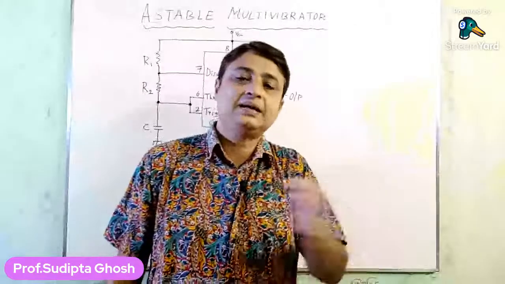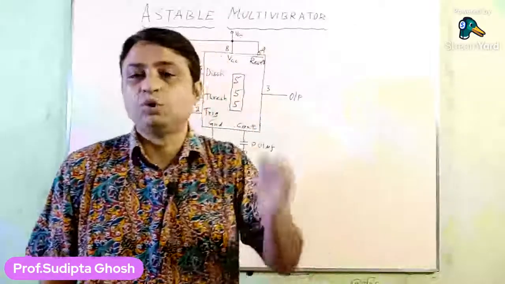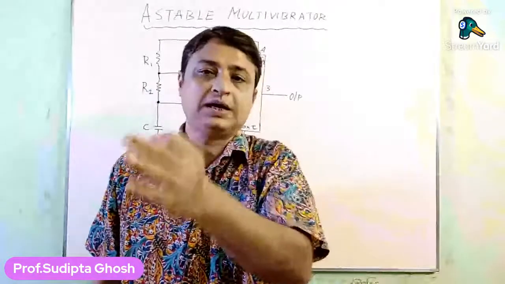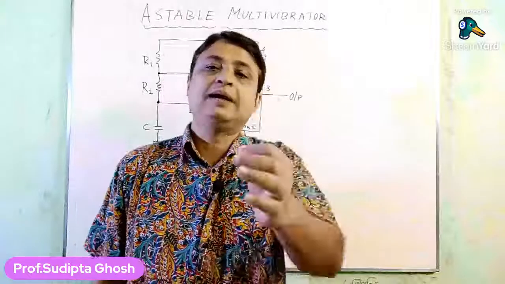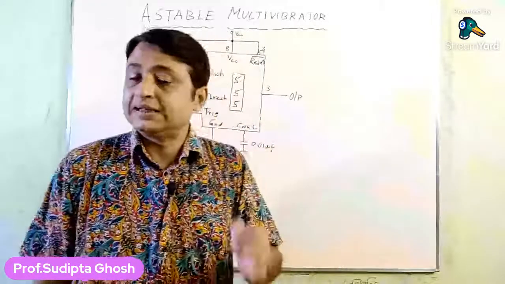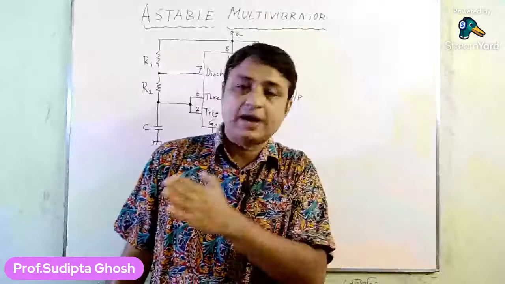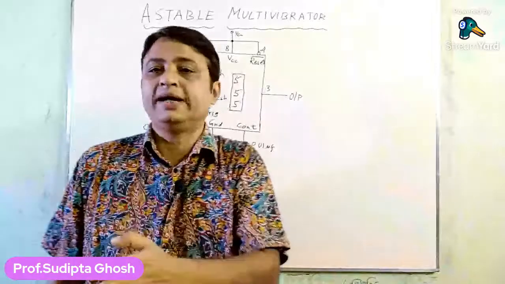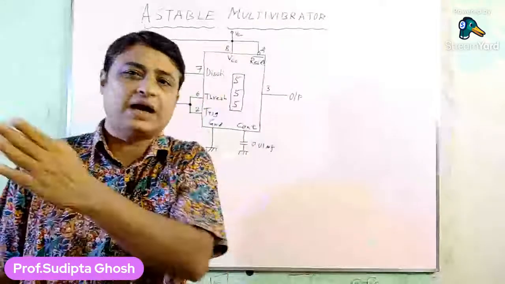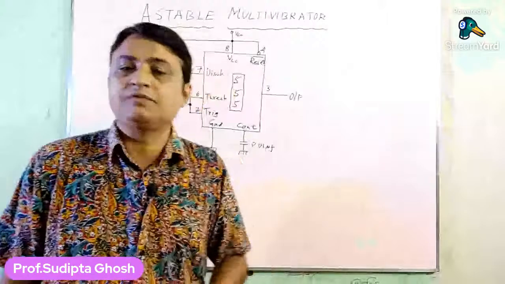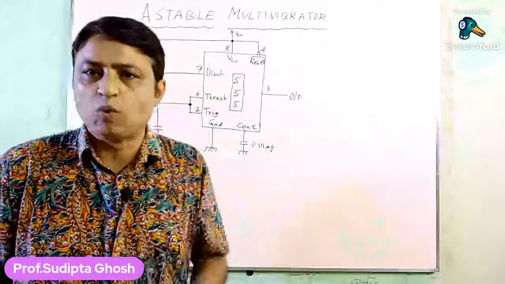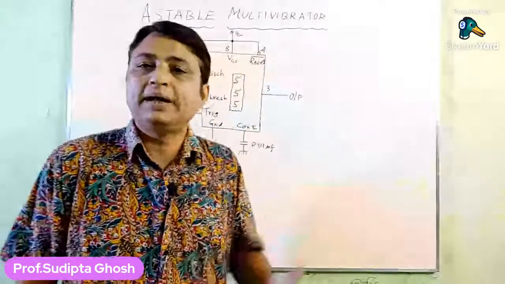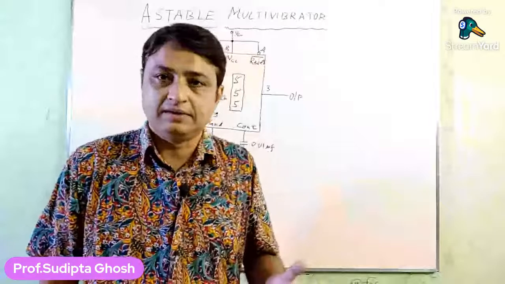Then the output Q of the flip-flop goes high and the Q bar output goes low. Q bar is connected to an output buffer and to the base of the discharge transistor Q1, so the transistor Q1 operates in the cutoff region, right?